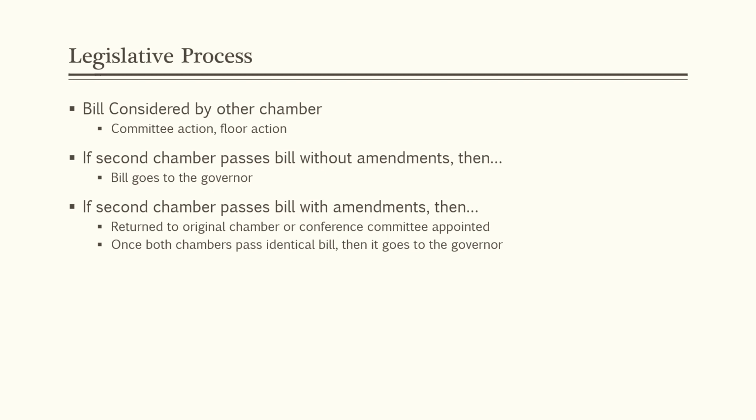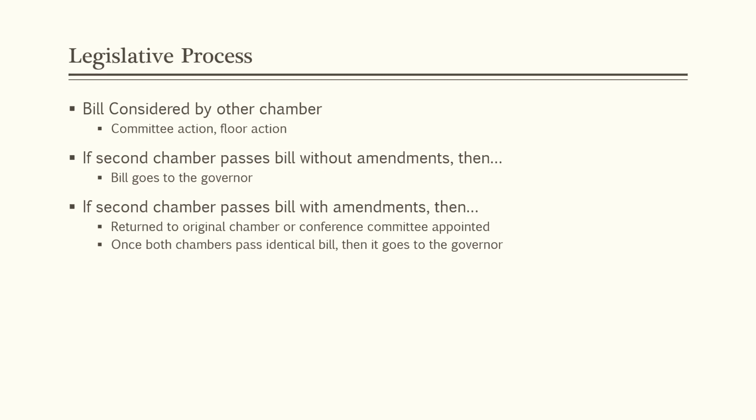All right, so if a bill makes it through floor action in one chamber and receives a majority vote in favor by that chamber, then the next step is that the bill will then be considered by the other chamber. And usually what happens is the bill will be sent to the other chamber, and it will be referred to a committee for further hearings and more markup in that committee, and then floor action in the other chamber.